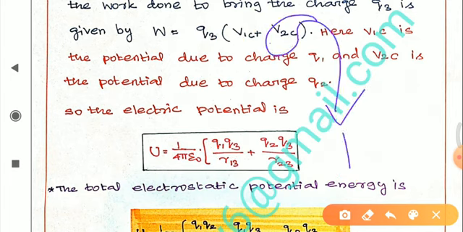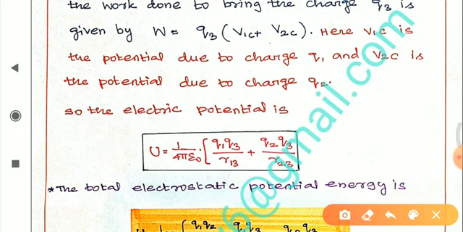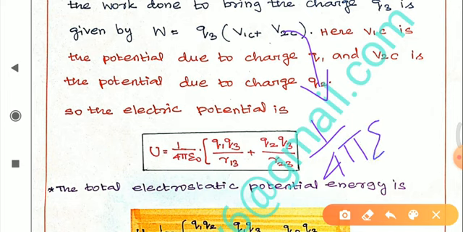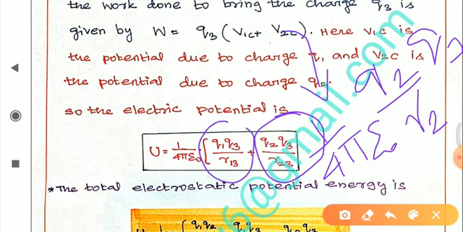It's K into Q2 divided by R23, that is 1 by 4 pi epsilon naught Q2 by R23. If we multiply by Q3, we can write Q2 Q3 by R23. It is the work done due to the second point charge, and the work done due to the first point charge.